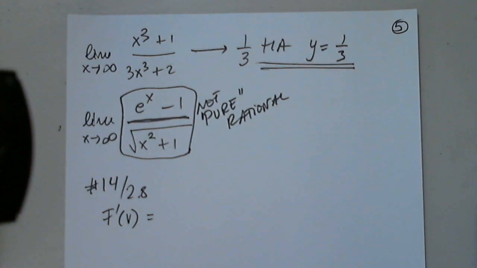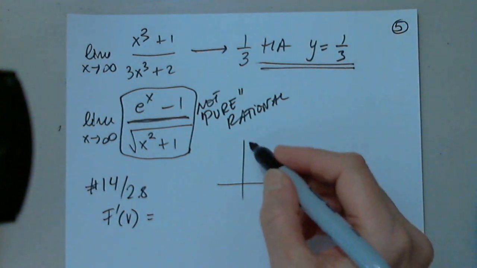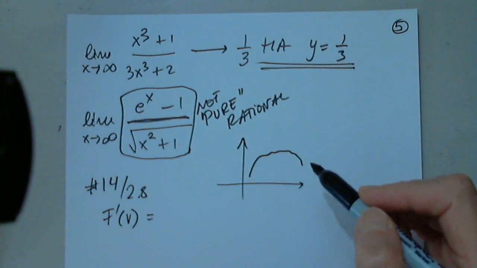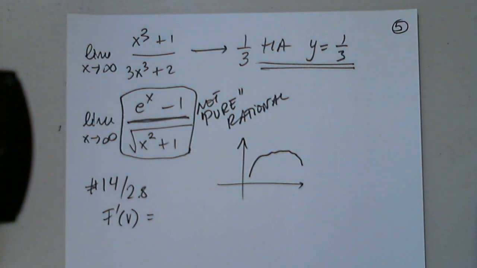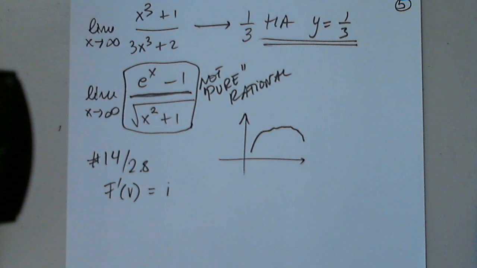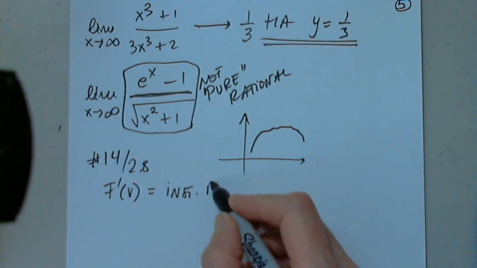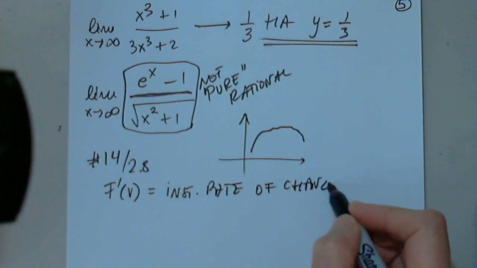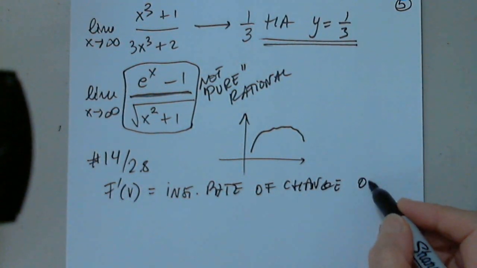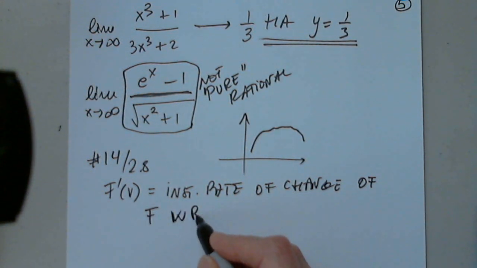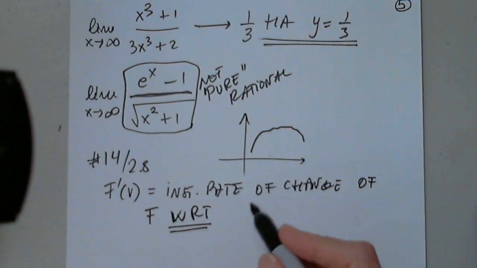So what does this mean? What is the instantaneous rate? Very good. That's what it is. So let me stop sharing. Instantaneous rate of change of f with respect to v.